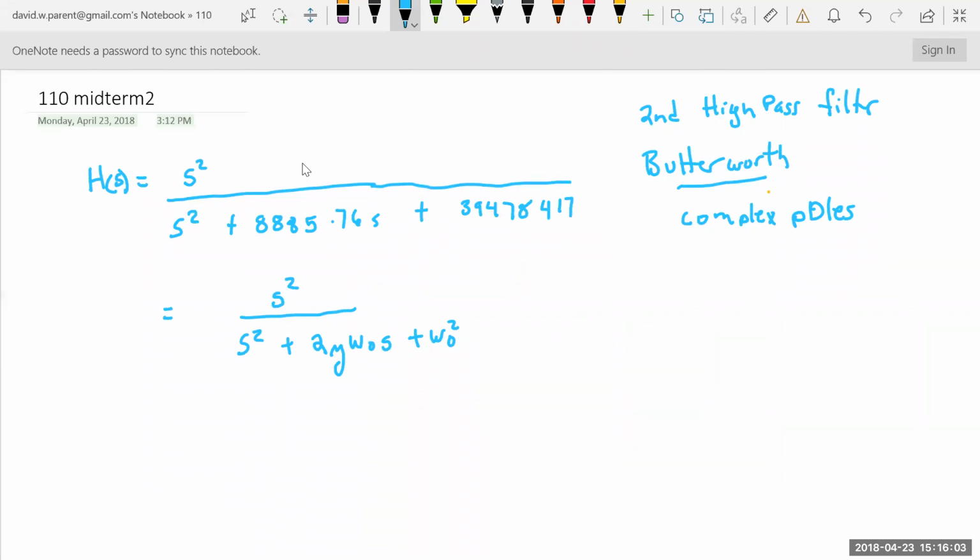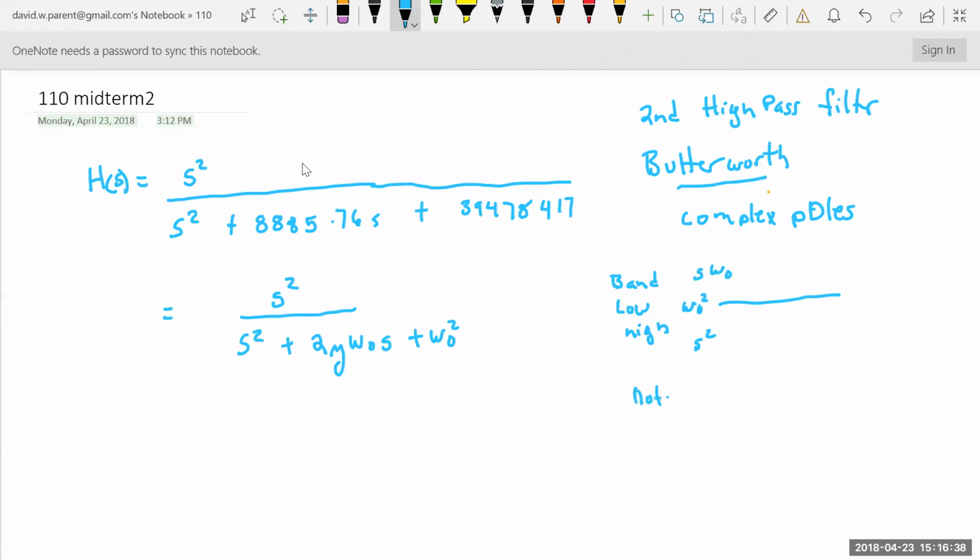And really, for Butterworth filters, where we have the possible choices band, low, and high, it's all in the numerator. So the bandpass is S omega naught. The low is omega naught squared, and the high is just S squared.